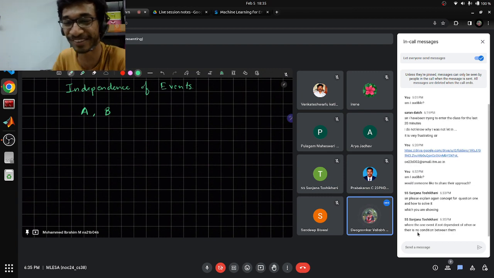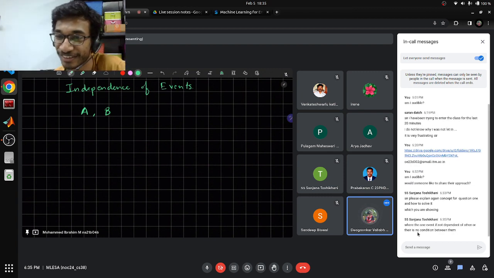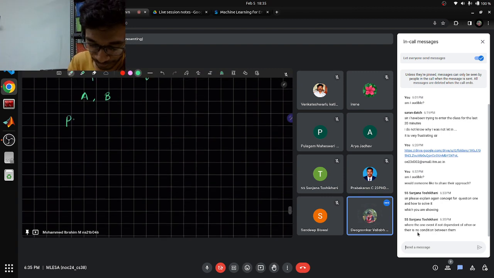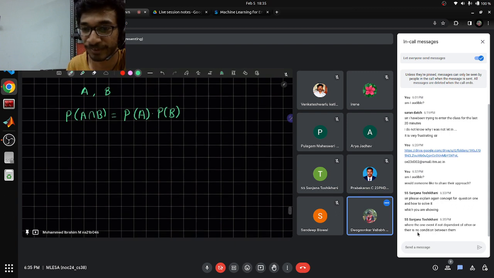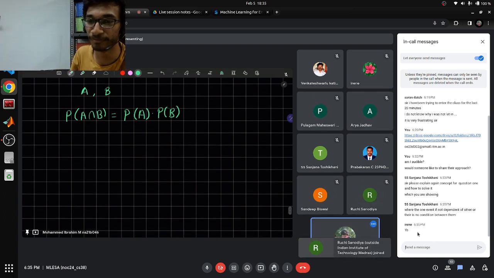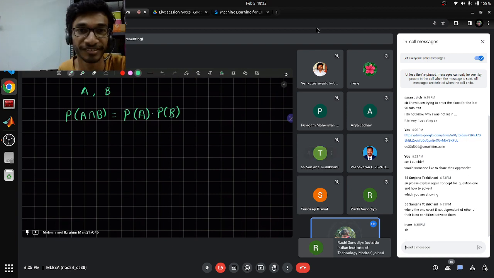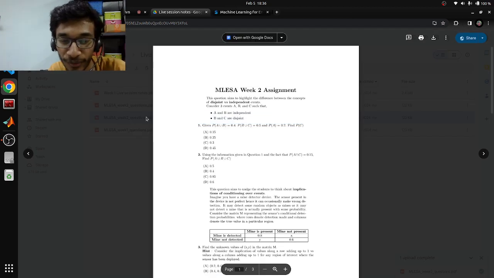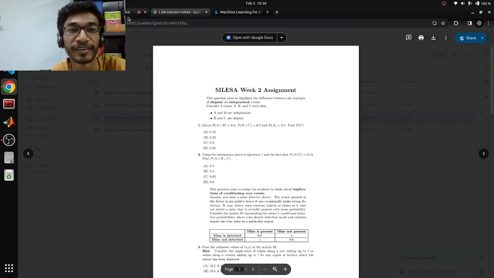Should I pick a random person? Where one event is not dependent on the other, or there is no condition between them? Yeah, exactly. So what that essentially translates to mathematically is this. Correct. The answer is 0.25.